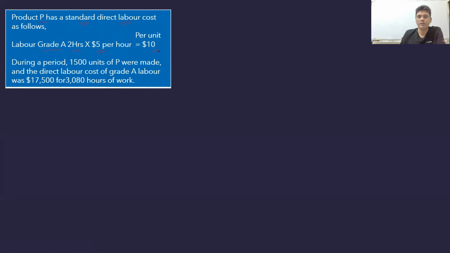Per unit cost is $10. During a period, 1,500 units of P were made. How many units were produced? 1,500. And the direct labor cost of grade A labor was $17,500 for 3,080 hours of work. Okay, so let's analyze this question.